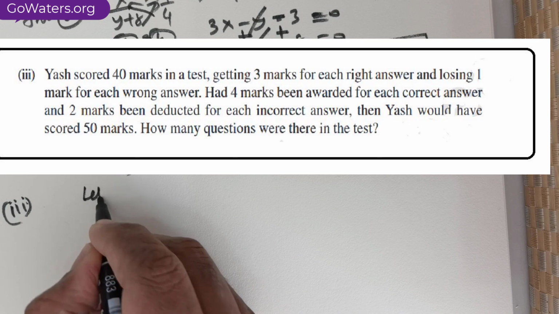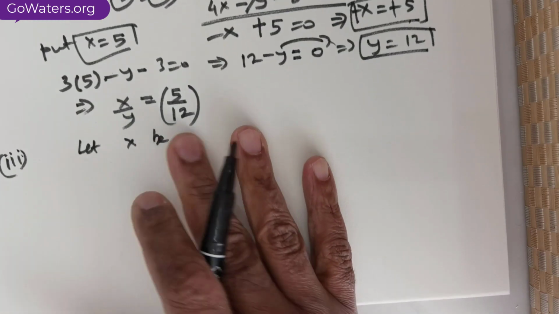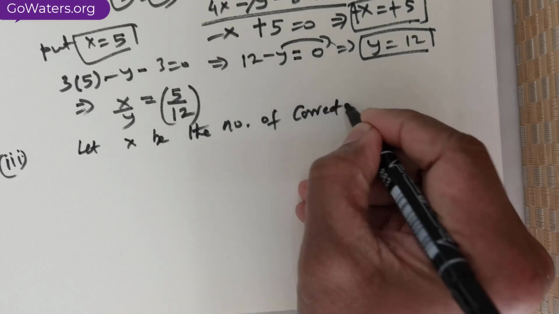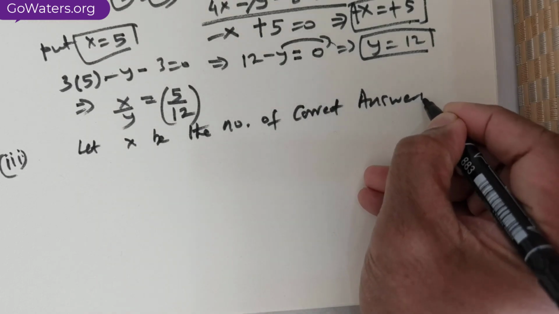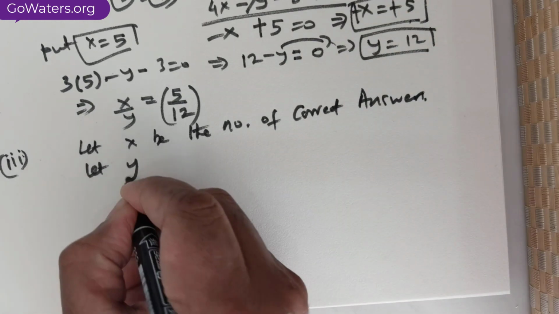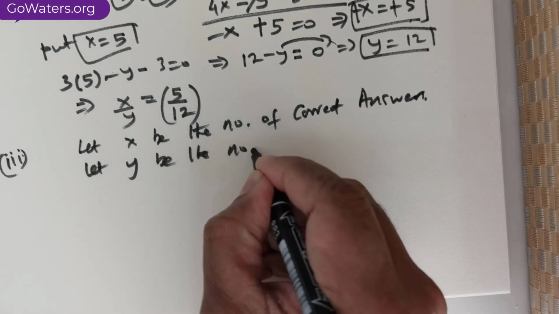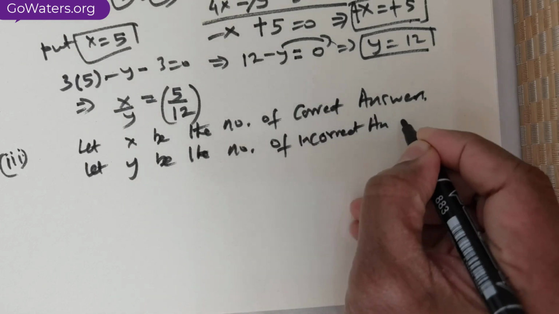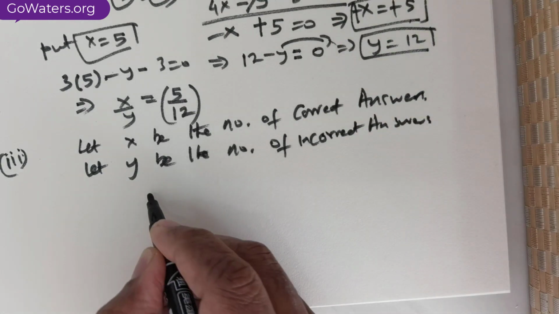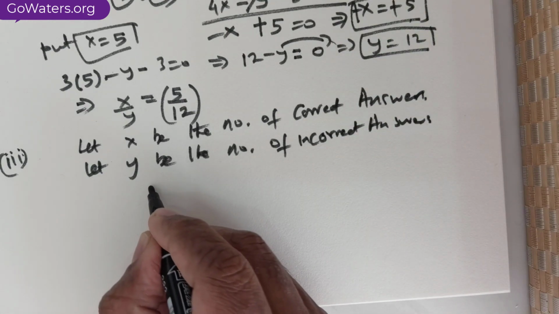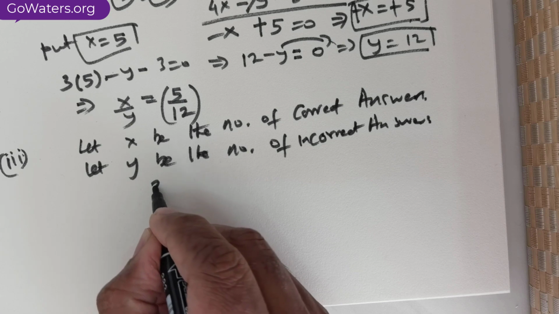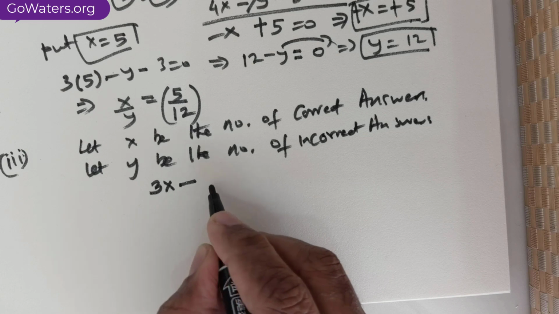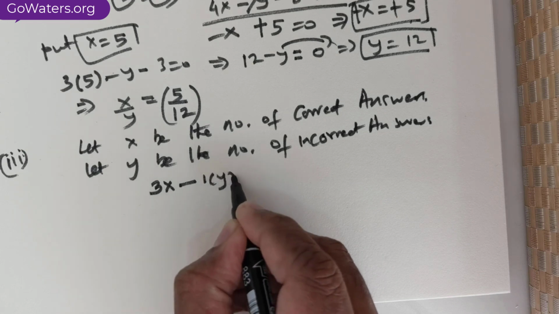So I'm going to start like this. Let X be the number of correct answers and let Y be the number of incorrect answers or wrong answers. So he's been given 3 marks for each right answer and he's been penalized 1 mark for each wrong answer.